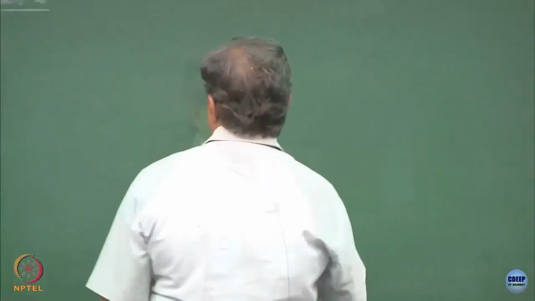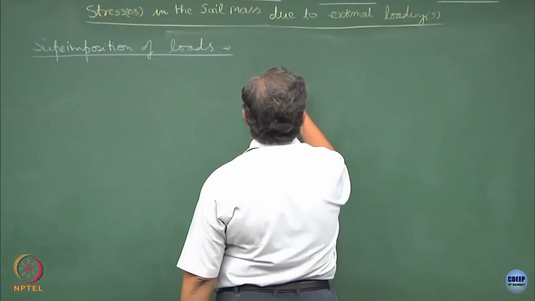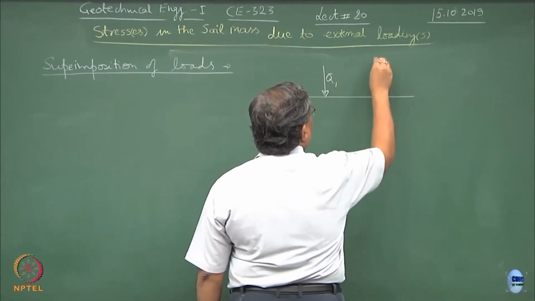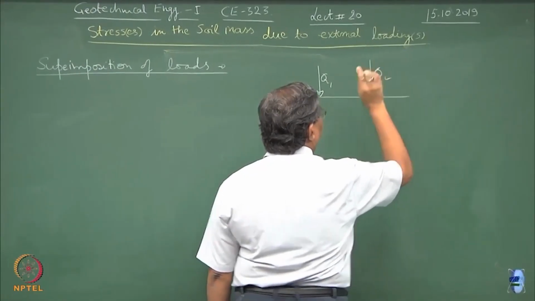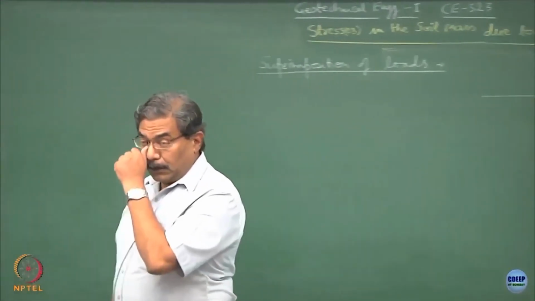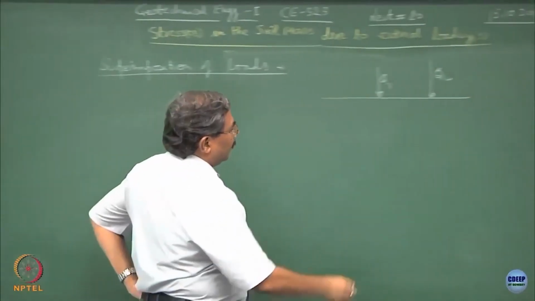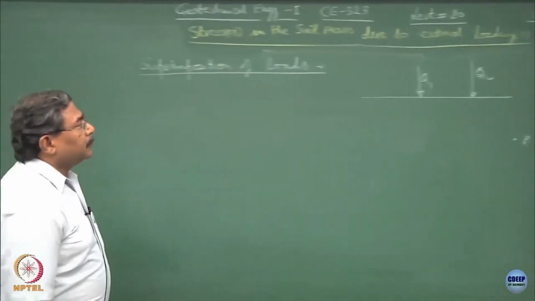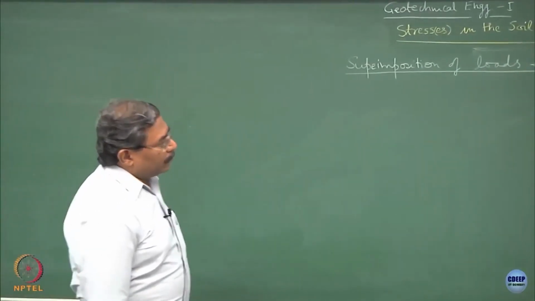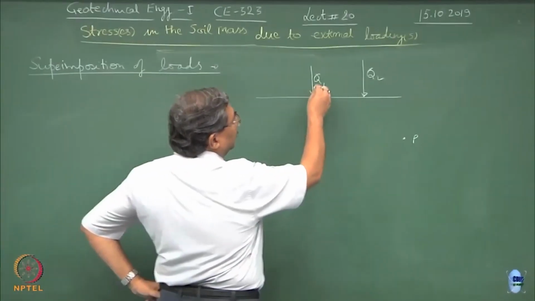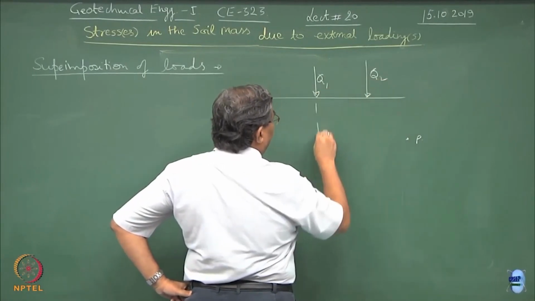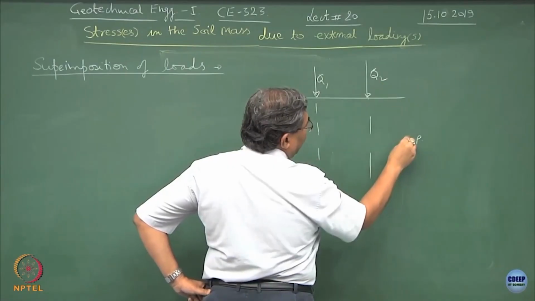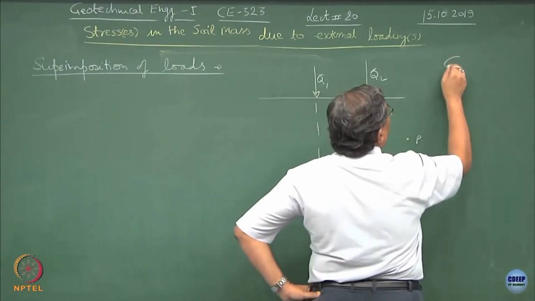Structural analysis. Suppose I started with the first situation, there is Q1 acting here and there is Q2 acting here, and find out what is the state of stress at any point, let us say somewhere here. So, the best way of doing this would be you assume them independently, find out the state of stress corresponding to Q1 first at this point, Q2 at this point, and sum them up.